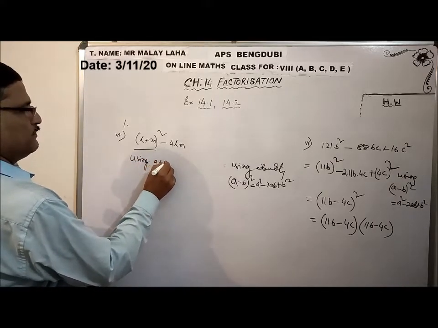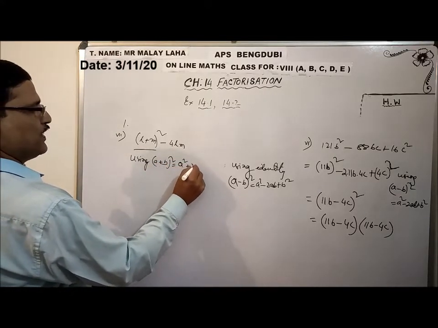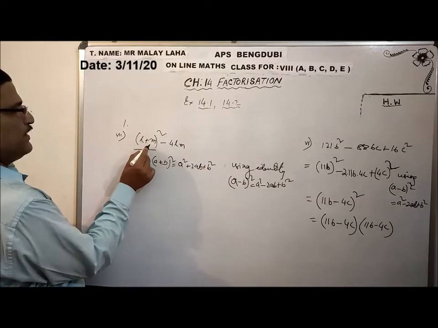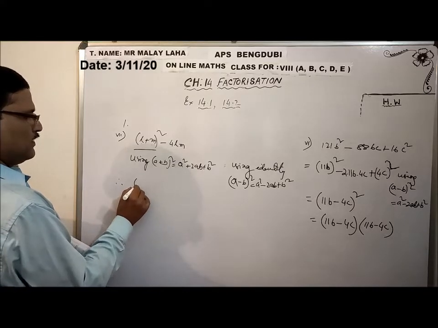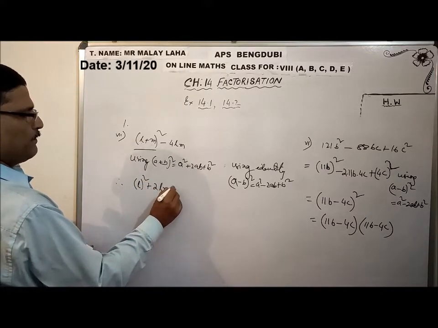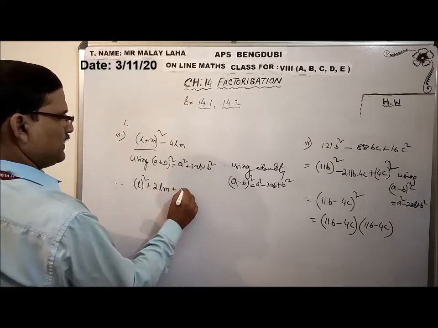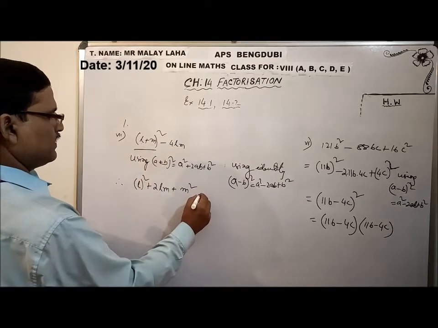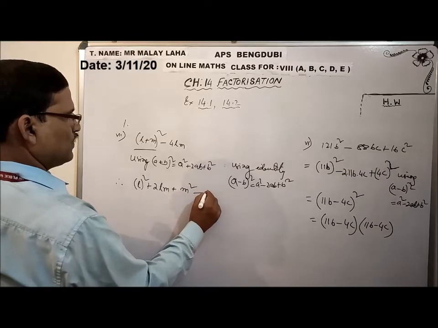A plus b whole square is equal to a square plus 2ab plus b square. A is what? L. B is what? M. So therefore I will get l square plus twice lm plus m square. And this 4lm you have to write down at the end. Okay, 4lm.